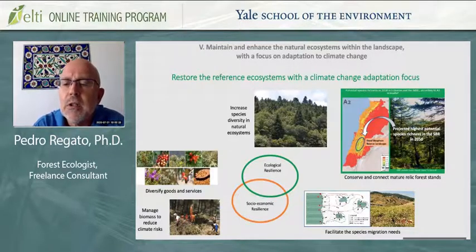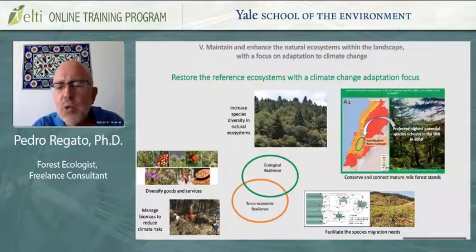Also, the project has developed interventions to facilitate the species migration needs in altitude. How the project has done this is to look at the climate envelope models for the different target species.